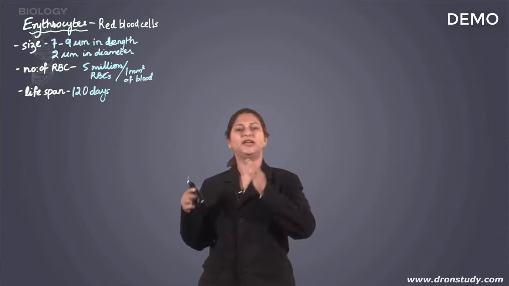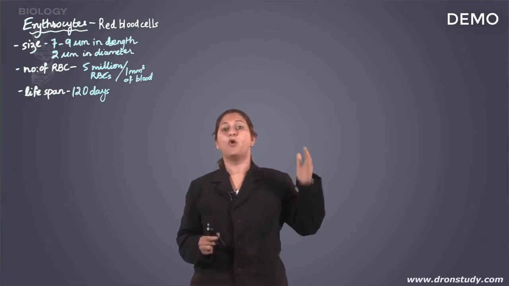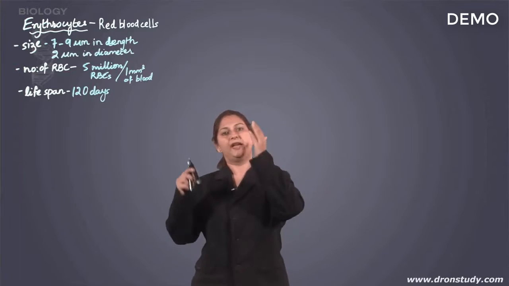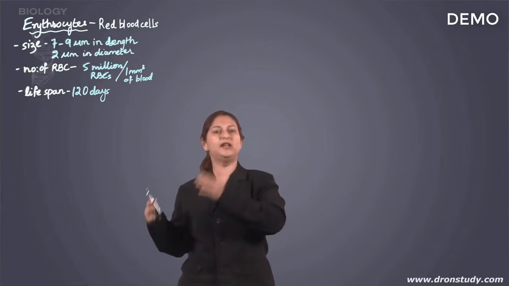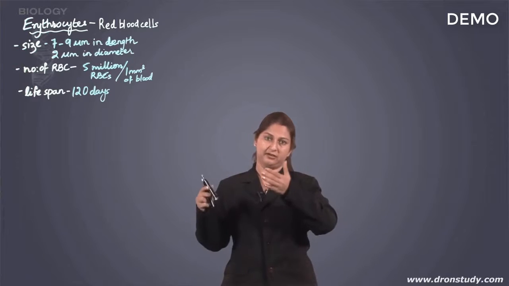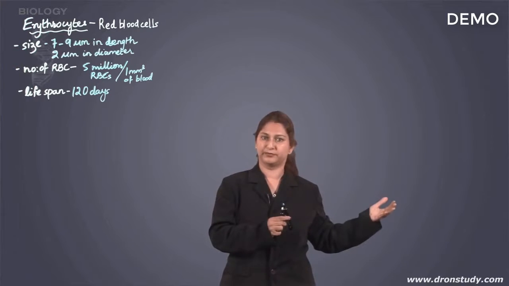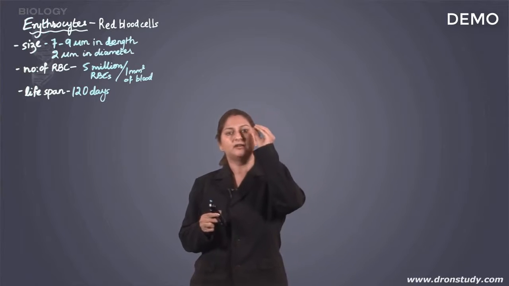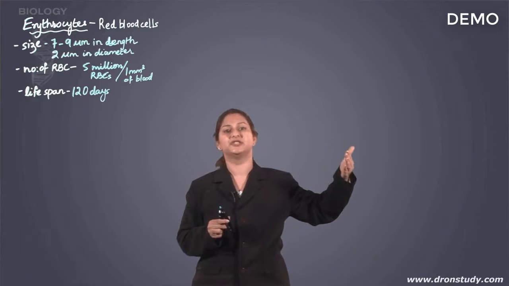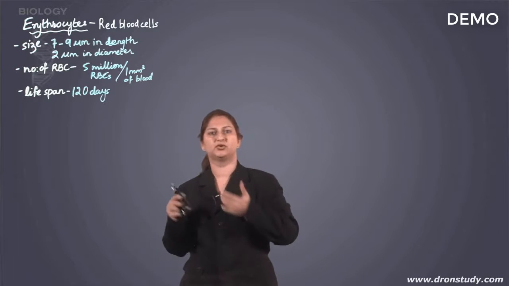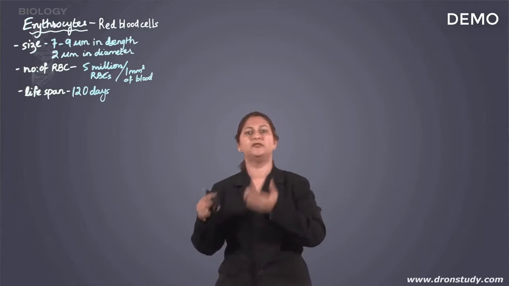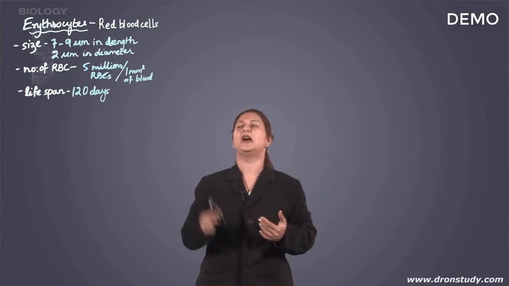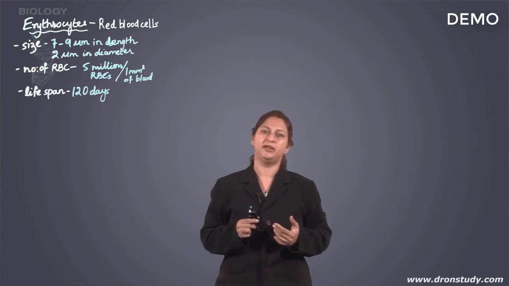No, because we have human beings being born every day and dying every day. So at every point of time you will have human beings of different age groups, correct? Similarly, there are RBCs of different ages. Some might be 2 days old, some might be 10 days old, some might be 110 days old. So like that, the average lifespan of one RBC is about 120 days.